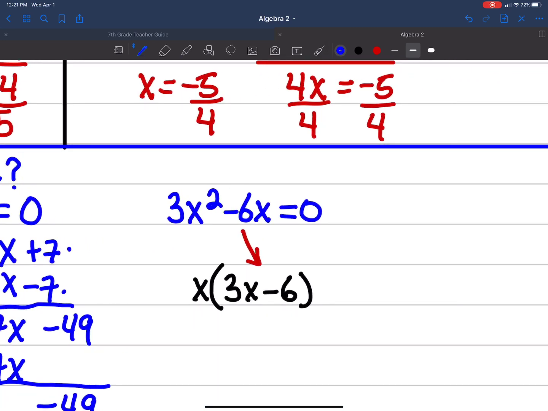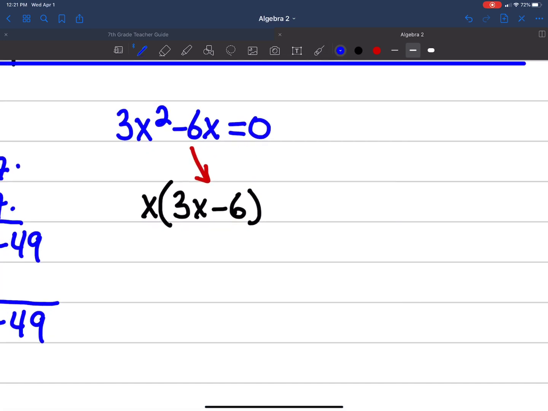Now, this one here, because we have two variables, 1 and 2, then we would go through the process that we just reviewed. Okay, we're going to factor out an x, bring down the rest of the quadratic expression or equation and put it into the parentheses. And then I'm going to set both terms to equal to 0.